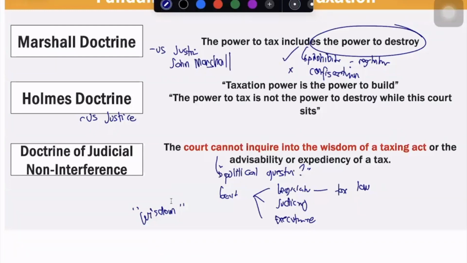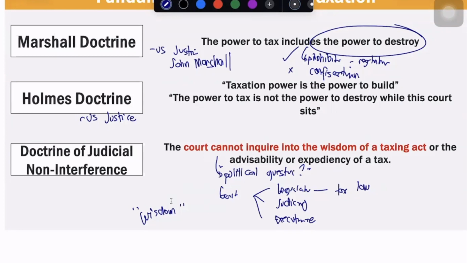But if ever legislative is imposing a tax, they are creating a tax law, etc., and it is within the constitutional grants of our constitution, then no problem. But if ever there's a problem on the other limitations, it infringes on our constitution, doon lang pwede si judiciary. Pero kung wisdom nung tax law, hindi pwede. That is your doctrine of judicial non-interference.